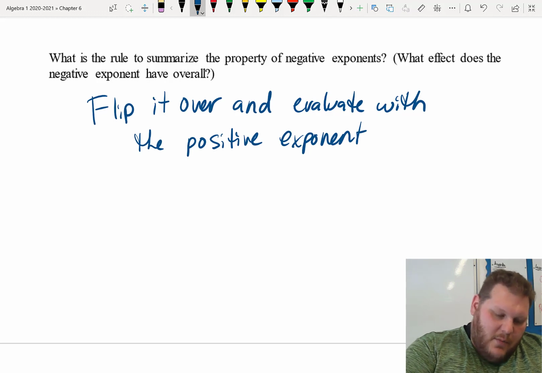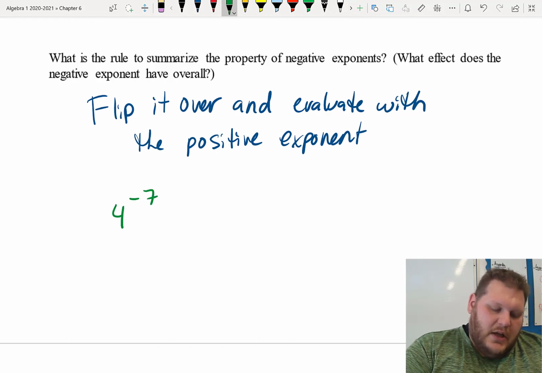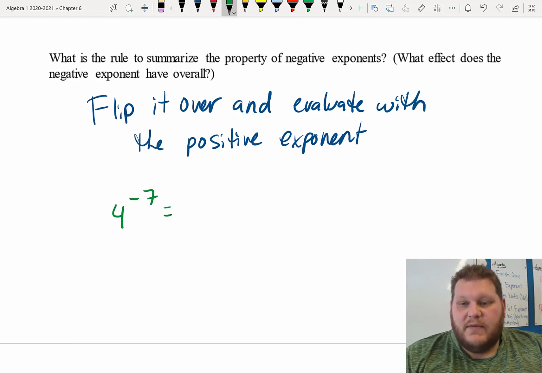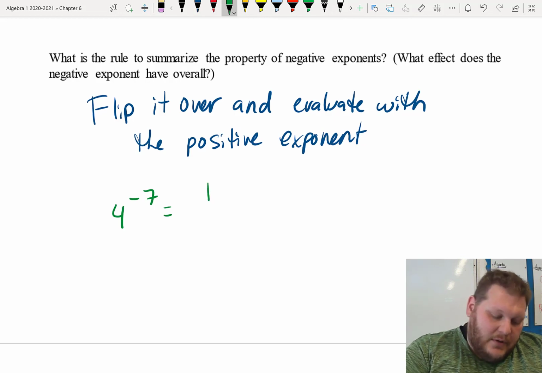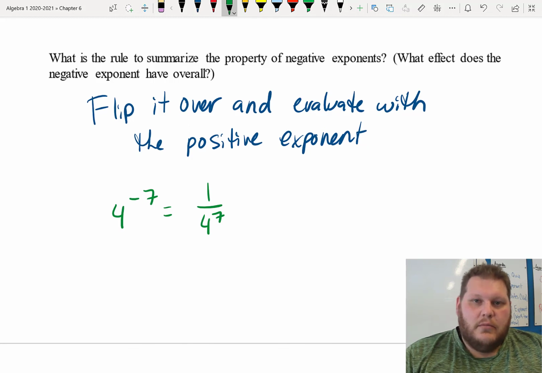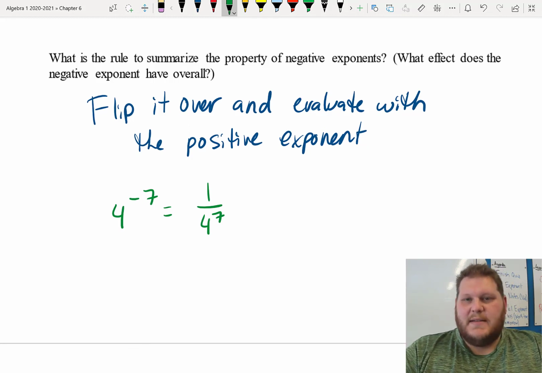So again, if we wanted to come up with an example here, we could say 4 to the negative 7th power. If I'm going to evaluate with the negative exponent, I would have to flip it over and evaluate with the positive exponent. Just my exponent becomes positive.